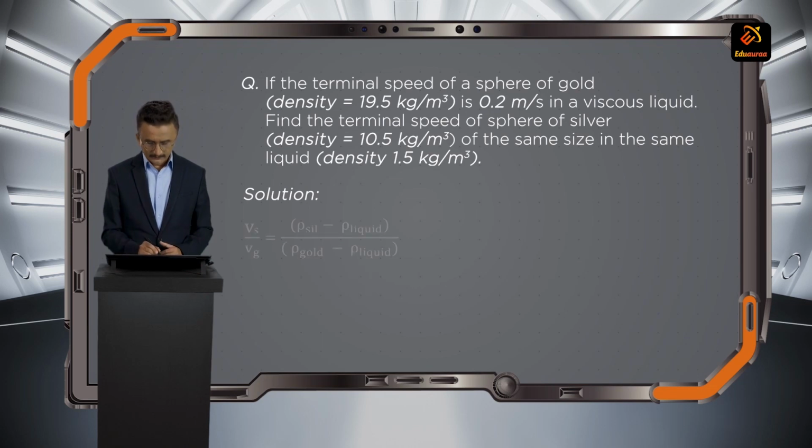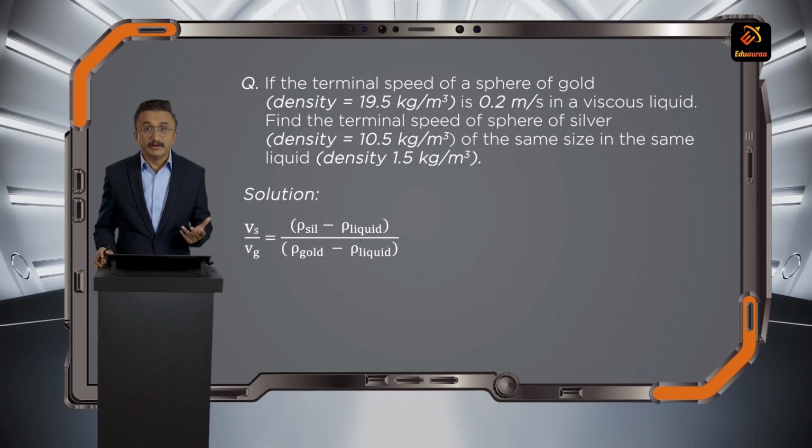So now I can write V silver upon velocity in the gold, that is equal to density of silver minus density of liquid divided by density of gold minus density of liquid.